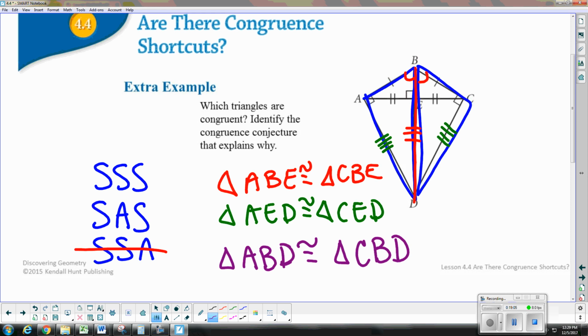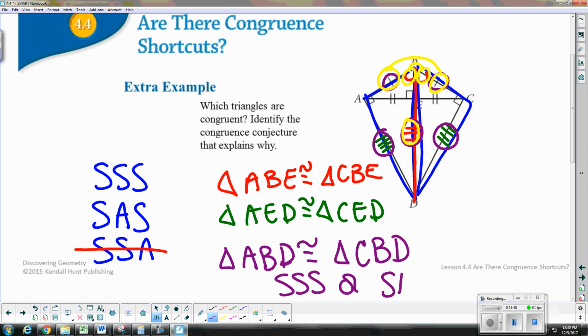So these are congruent either because we have three congruent sides, so one pair of sides, two pairs of sides, and three pairs of sides, or because we have a side, an angle, and a side. So side, pair of angle, and a shared side. So we can either use the side, side, side conjecture or the side angle side conjecture. Either one of these two will work for our shortcut.